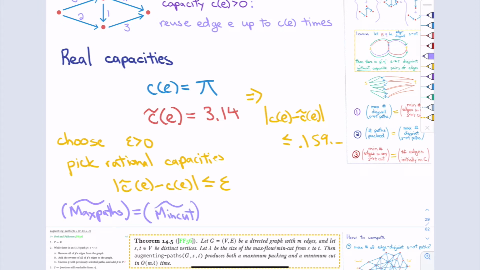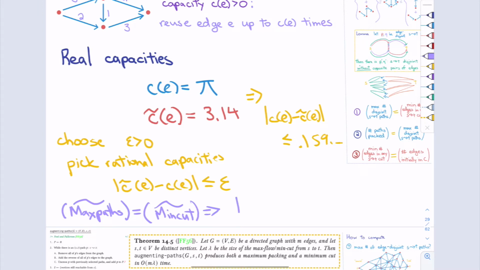And what that tells us is, maybe I've increased the capacity of every edge by some amount epsilon, so I can only pack m times epsilon more paths or something. And likewise, maybe I've decreased the capacity of every edge by at most epsilon, so the total minimum cut has gone down by at most m times epsilon or something.